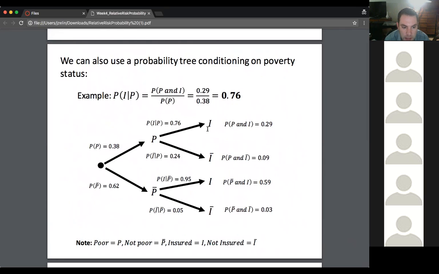So it's this option, and we can calculate it by taking the probability of being poor, 0.38, and multiplying it across, and we get 0.29 as the probability of P and I.